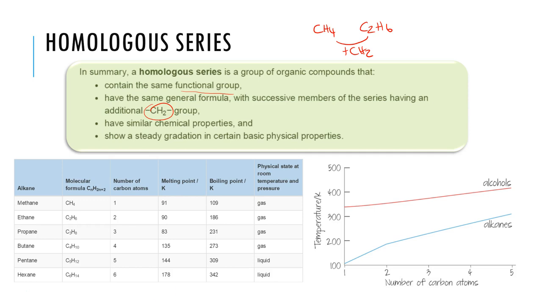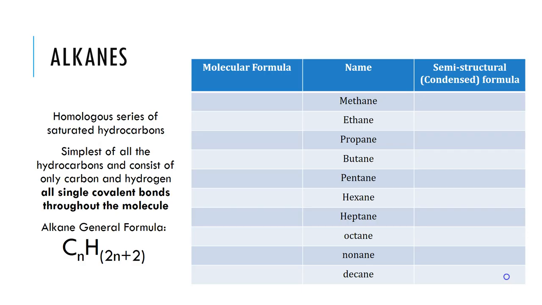And we can see that in this graph here too, looking at methane, ethane, propane, butane, pentane, and hexane. These are all part of the alkanes homologous series, and we can see that from one member to the next, we see a steady increase in its melting point, boiling point, and then it steadily moves from gases through to liquids. Noting here that carbon 4 is the last gas that we have. So in a homologous series, they'll have similar chemical properties, and we'll see a steady trend in the physical properties from one member to the next.